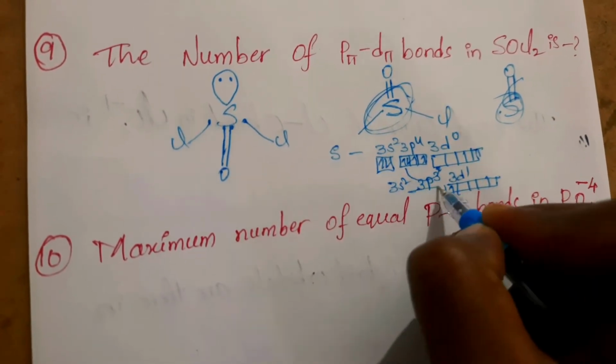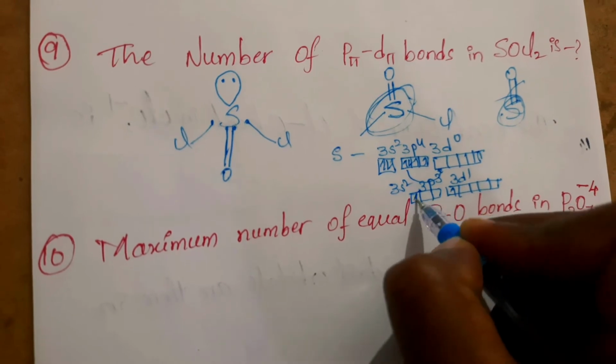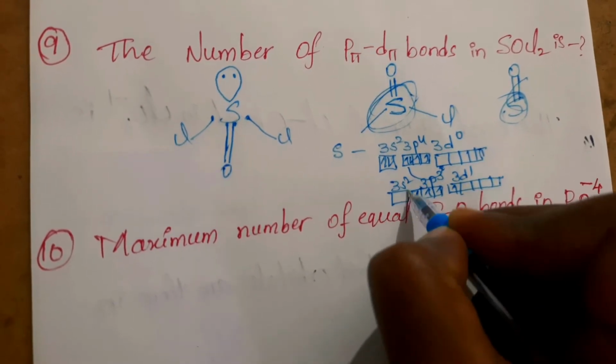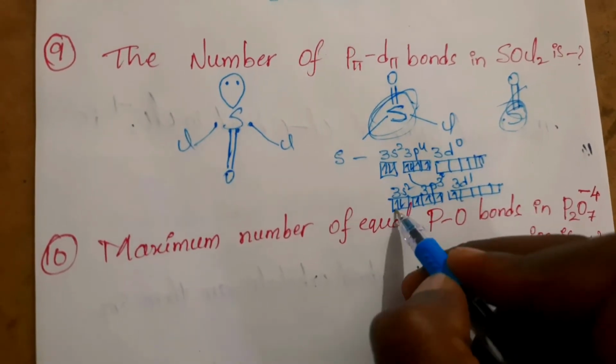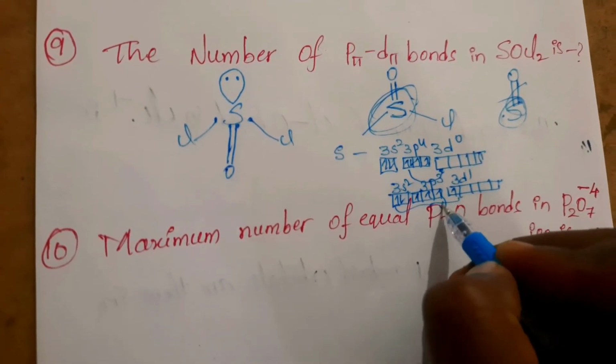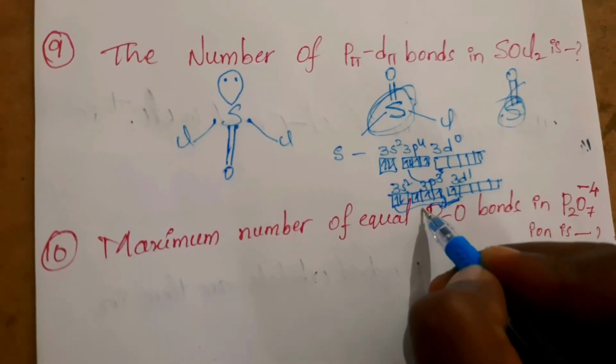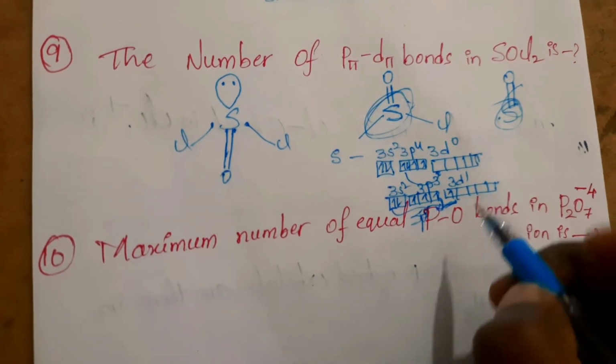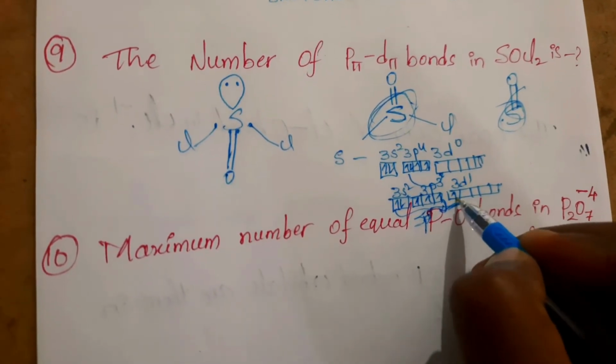Here 3d has 1 electron, 3p contains 3 electrons, and 3s contains 2 electrons. Now the s and 3p orbitals are involved in hybridization. sp3 hybridization it is. And here one unhybridized d orbital will be there.